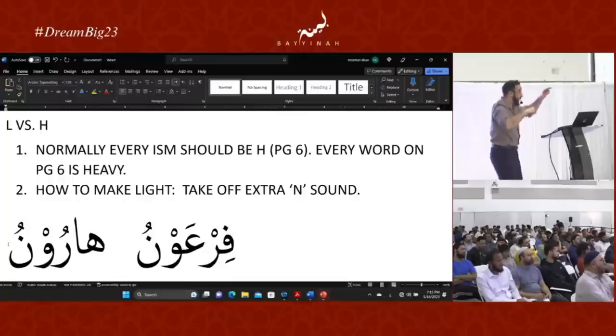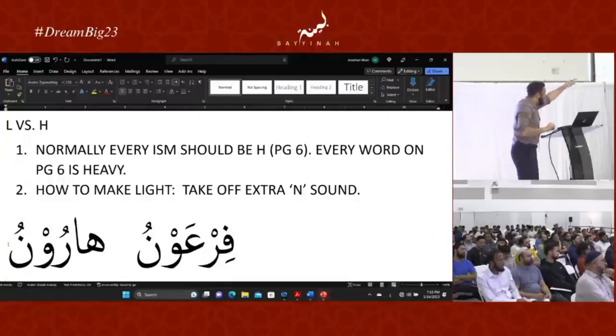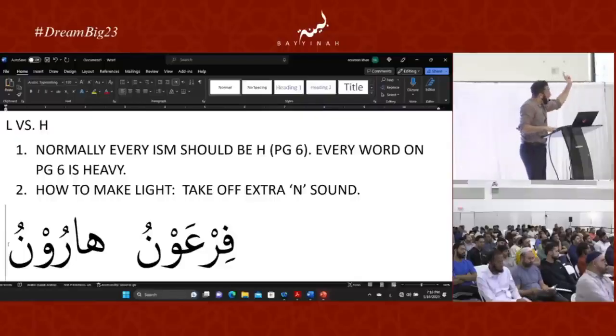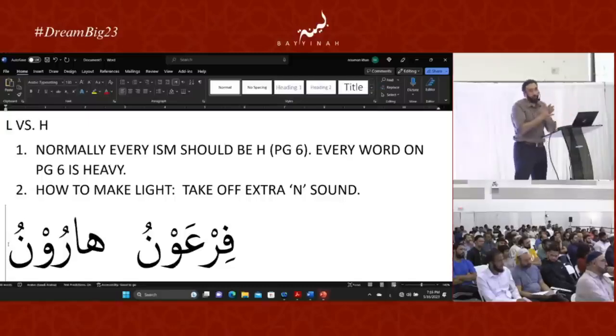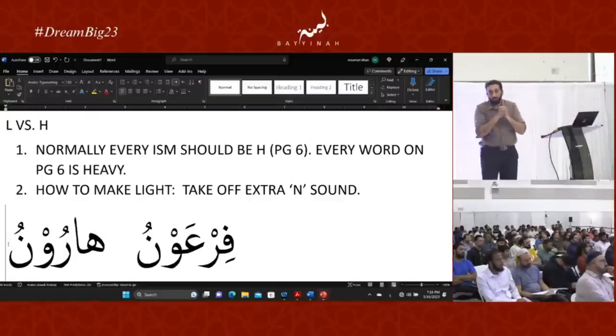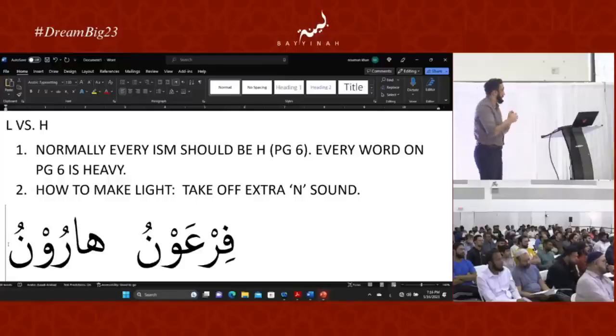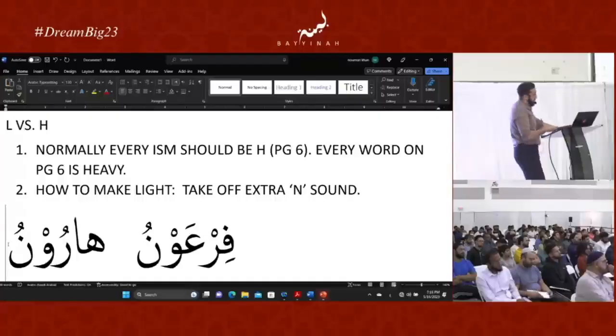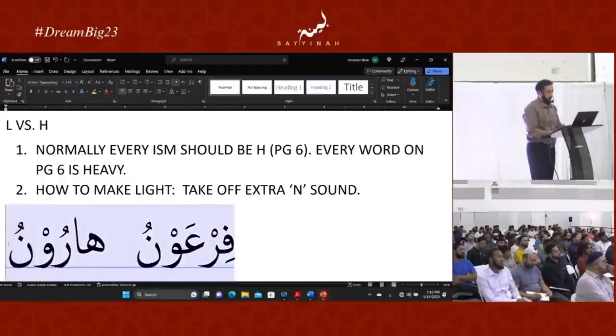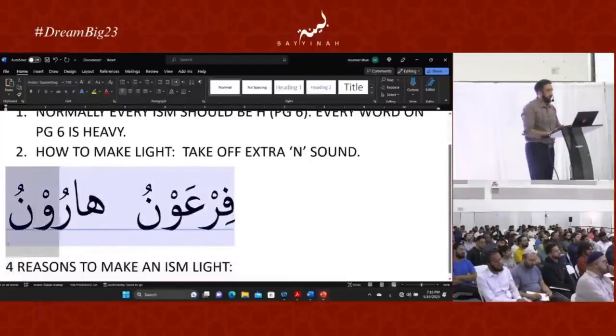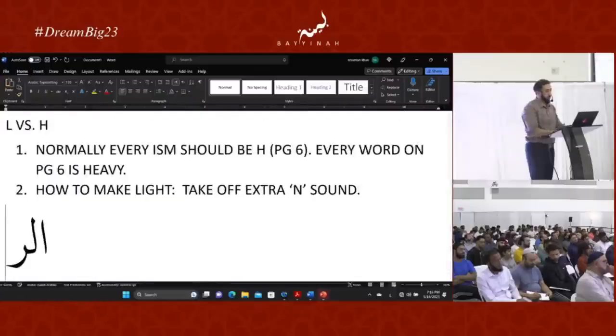Muslimun, Muslimatani, Muslimuna, Muslimatun. Everything has an N somewhere. That's the N you have to get rid of to make it light. Not any N. Harun, should I get rid of this N to make it light? No, it's already light. Is that clear? Okay, so what about, in Allah's name, Ar-Rahman?